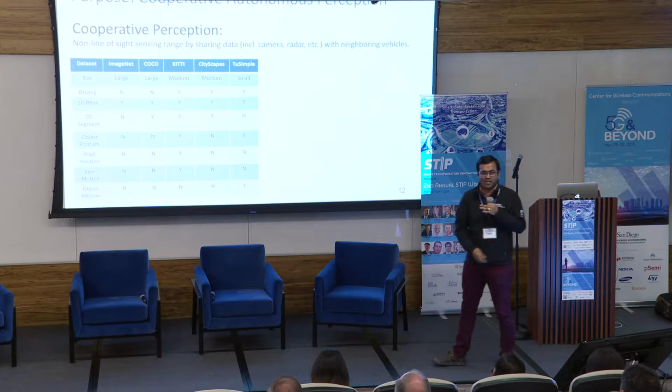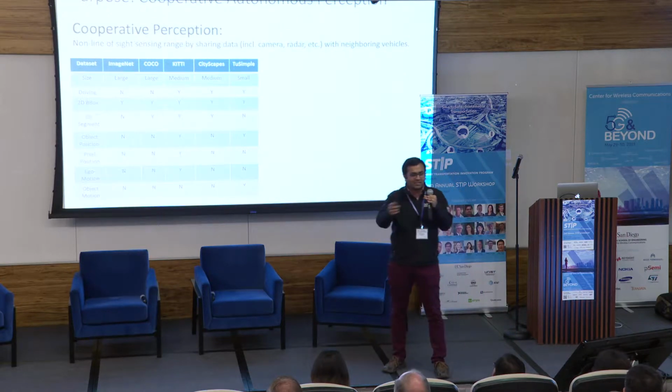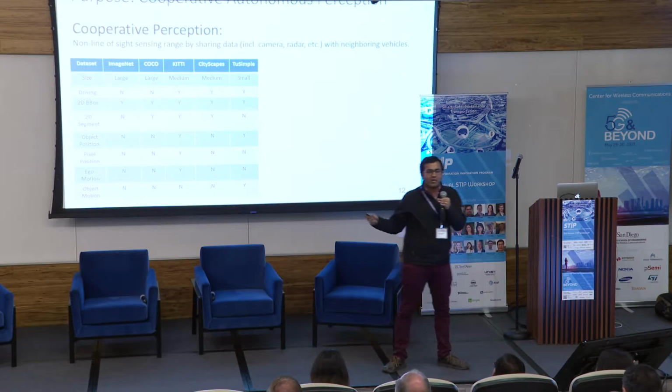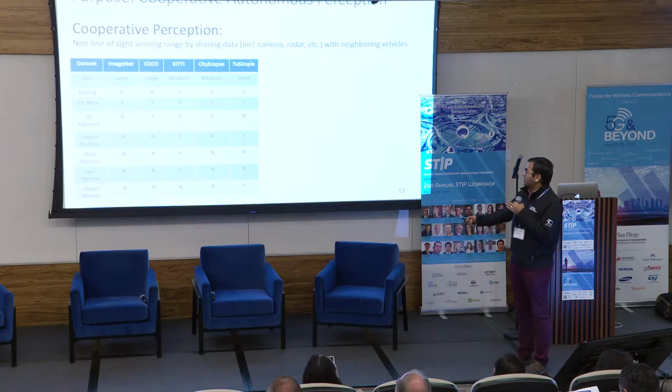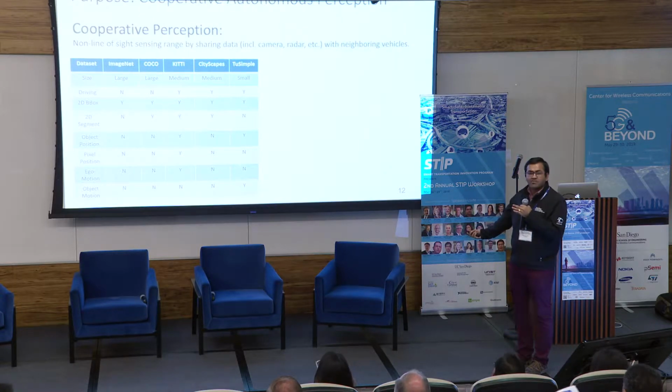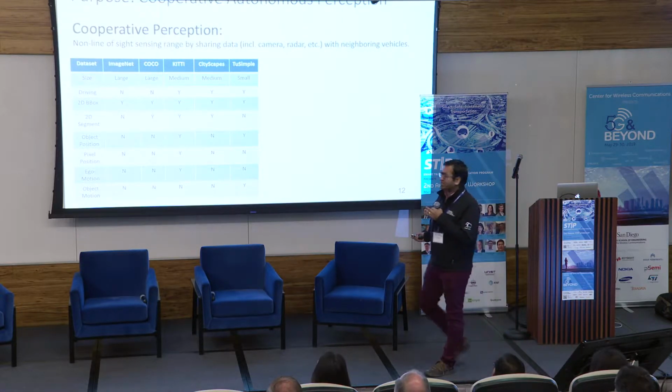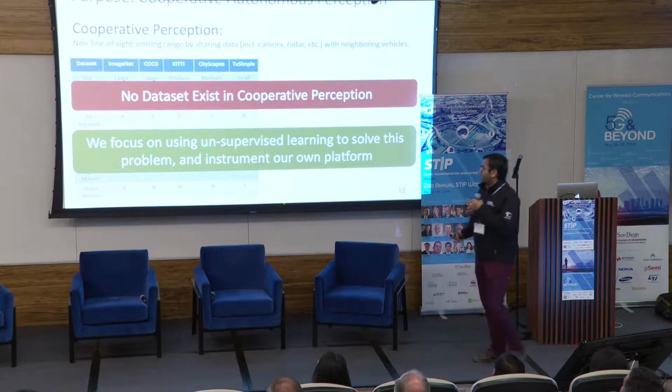This is where Sujit and the team here are trying to enable a platform to collect data. Here I'm listing all the top datasets collected by the computer vision community, and none of them meet the bar for cooperative data collection. Technically, I have a very complementary approach.